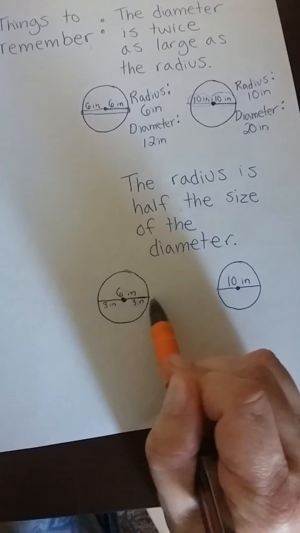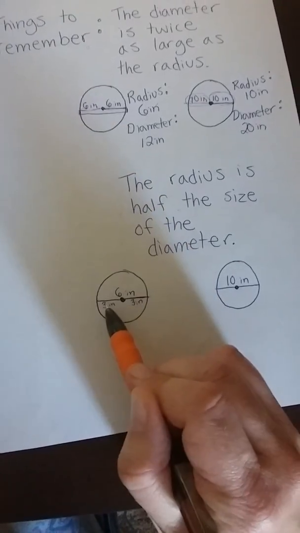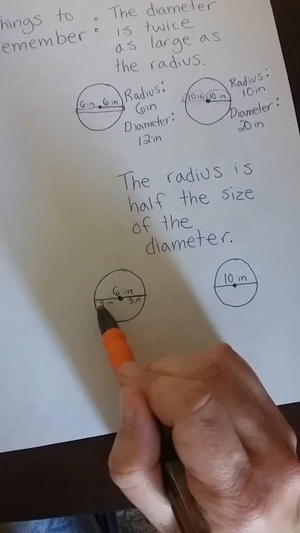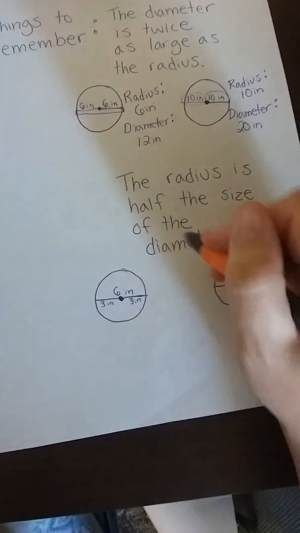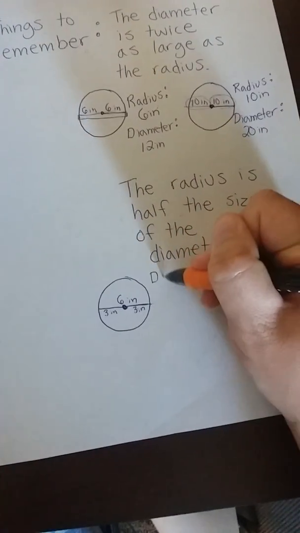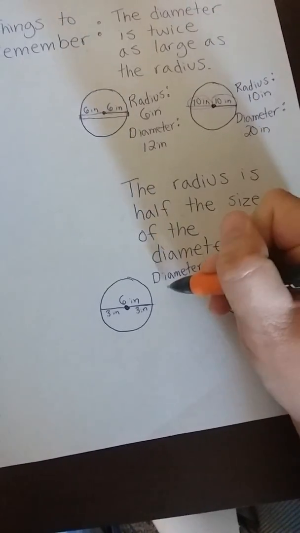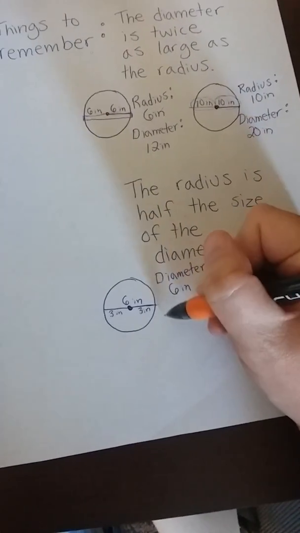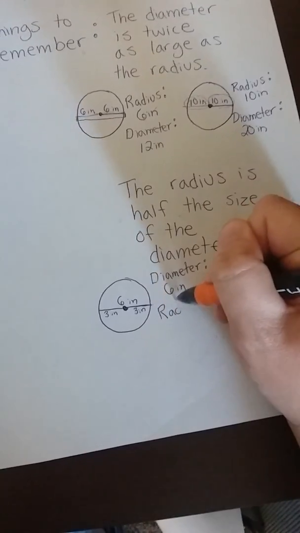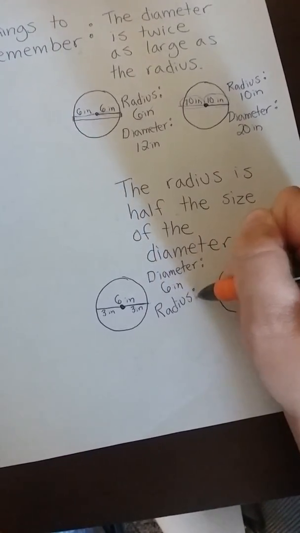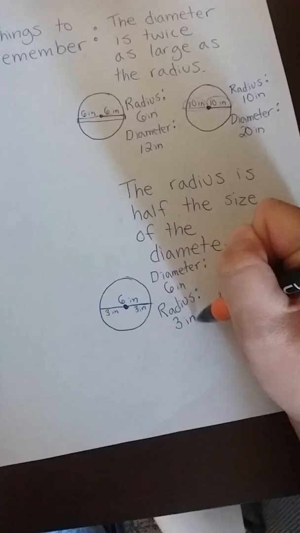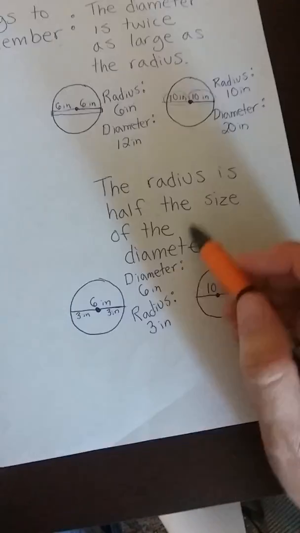So if the diameter is 6, the radius is going to be half that. It's going to be 3 because 3 plus 3 gives us 6. So in this problem, my diameter is 6 inches, which means my radius is 3 inches.